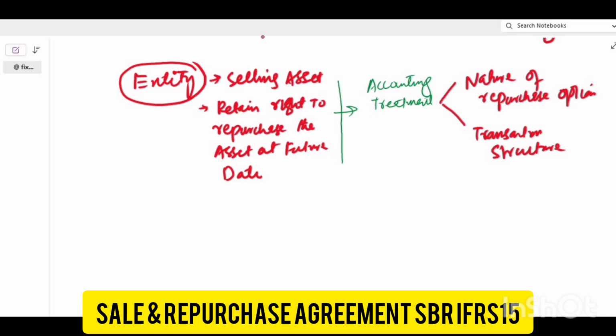Clear? So if you have this sort of arrangement where the entity sells the asset and retains the right to repurchase it at a future date, then the accounting treatment will depend on the nature of the repurchase option and the transaction structure.